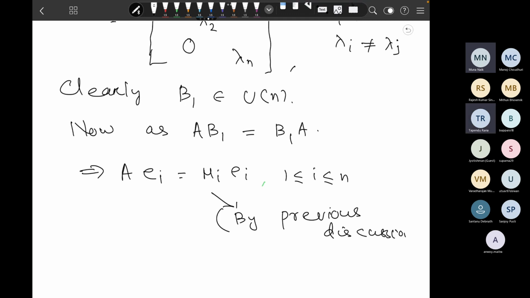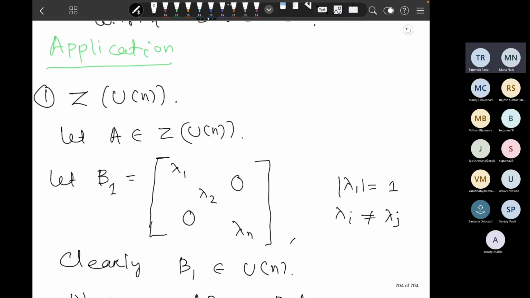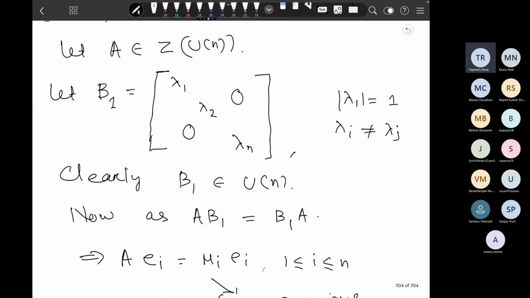Yes, λ is the solution of λ to the power n equal to 1. No, I am not saying U_n, just a unitary matrix. For a unitary matrix the determinant is not necessary. Do you get it? If B1 is the diagonal matrix of λ_1, λ_2, ..., λ_n, then B1 belongs to U_n because mod of λ_i is equal to 1.